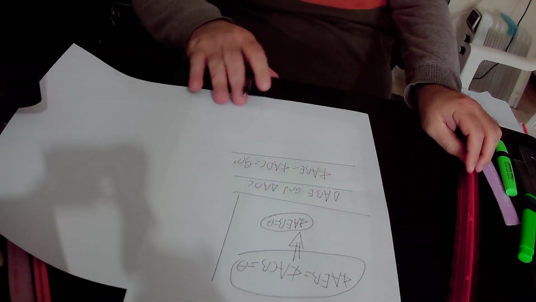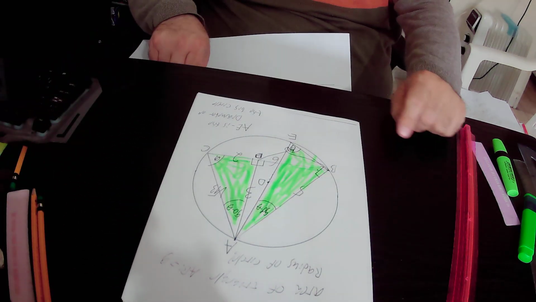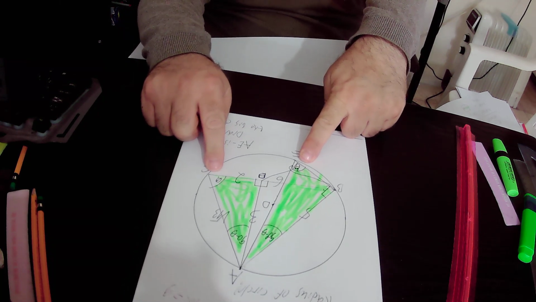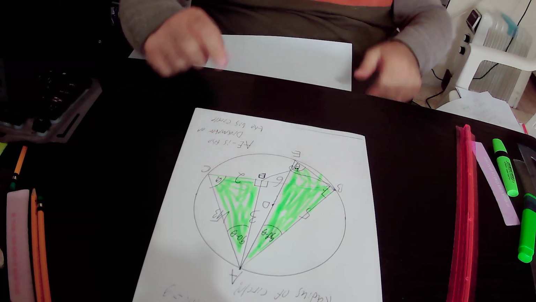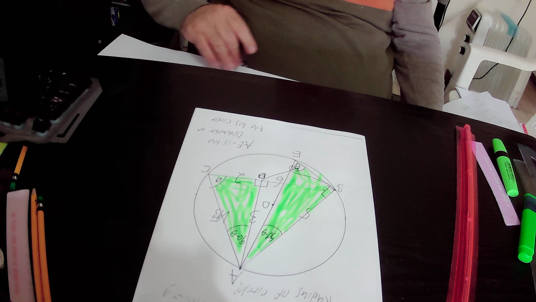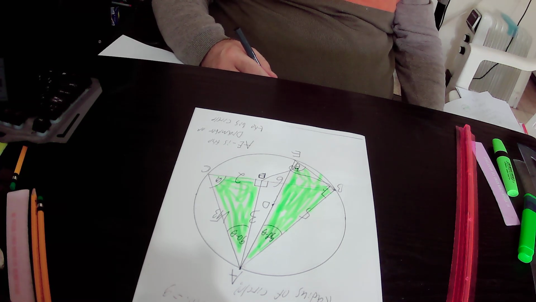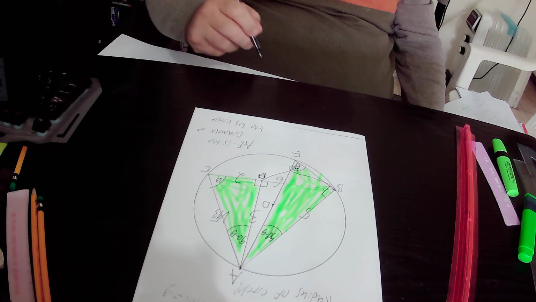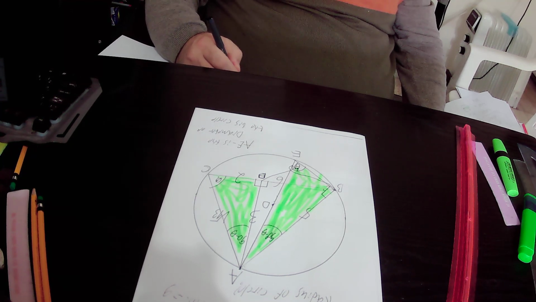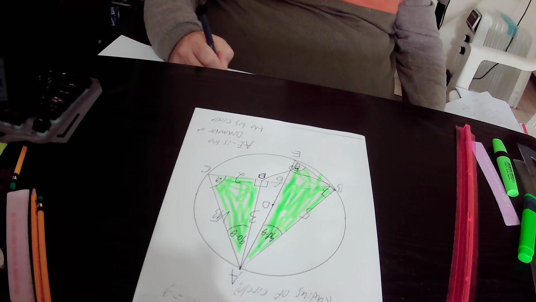In addition, those two angles are both equal to theta, therefore they are equal to each other. Okay, so angle AEB equals angle ACD, this angle, and they are both equal to theta.